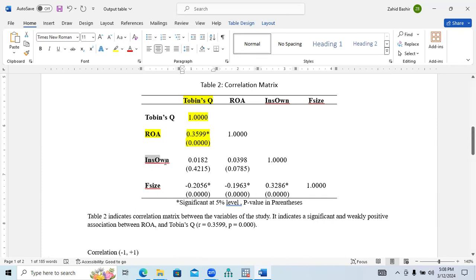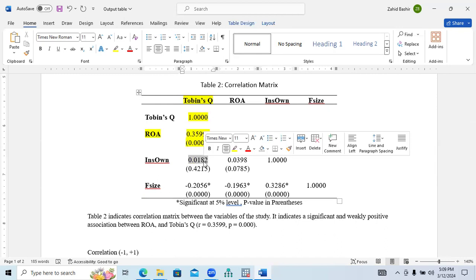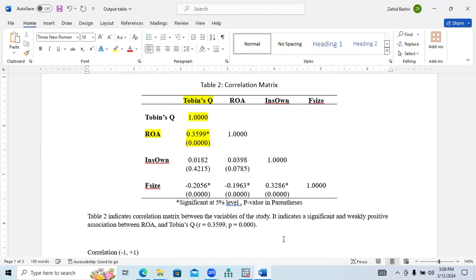In the same way, if you see the institutional ownership, this value is much less than 0.50. It is near to zero. So we can interpret it. The table further indicates nearly no correlation or no association between ownership and Tobin's Q, because this value is close to zero.